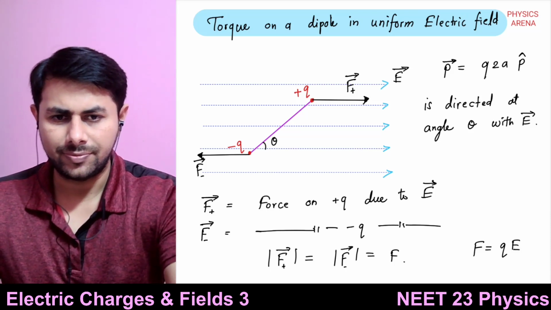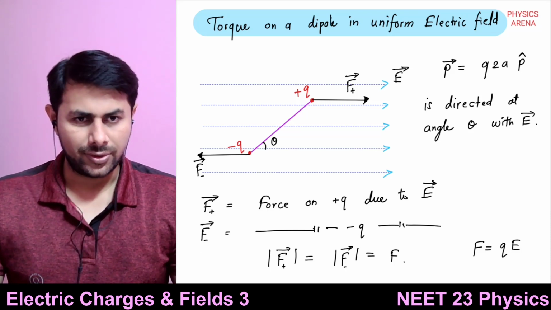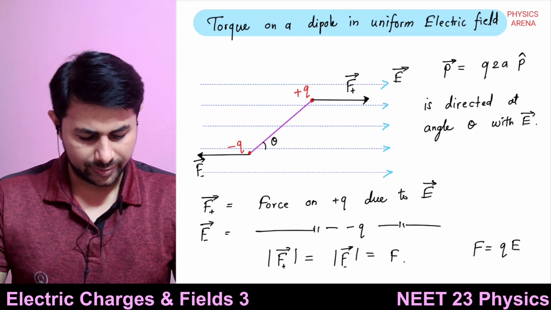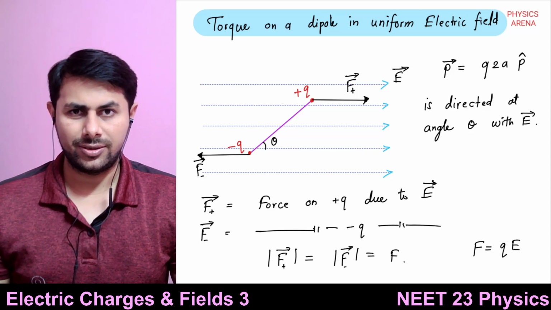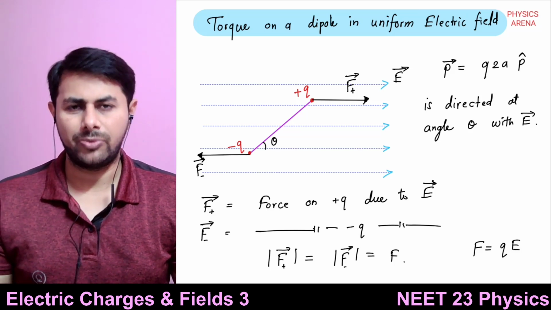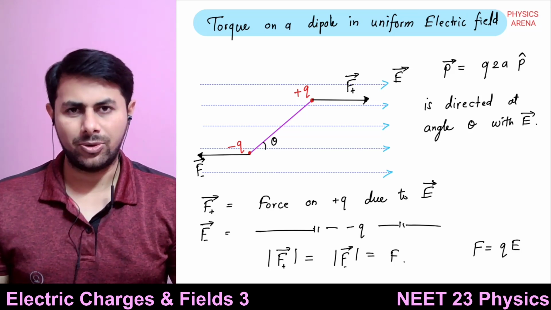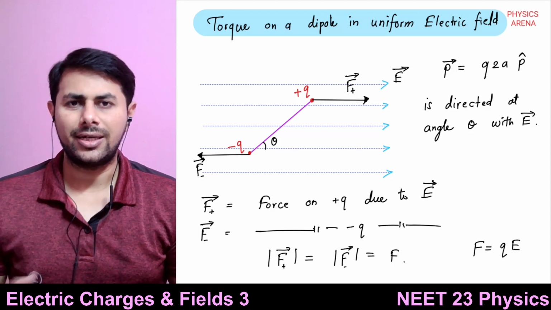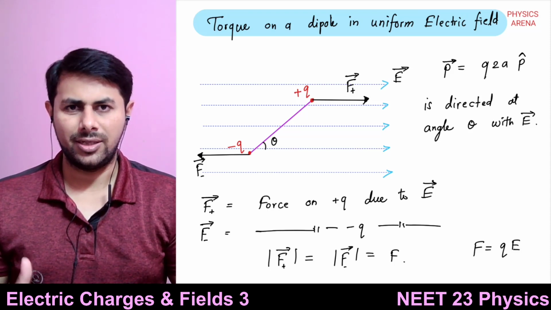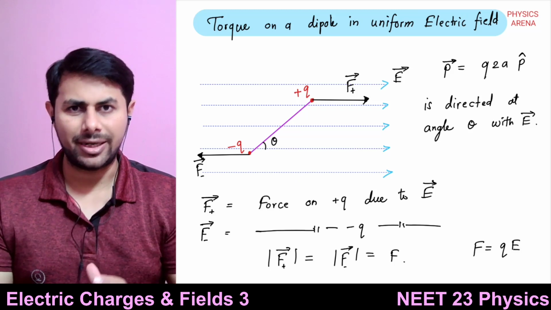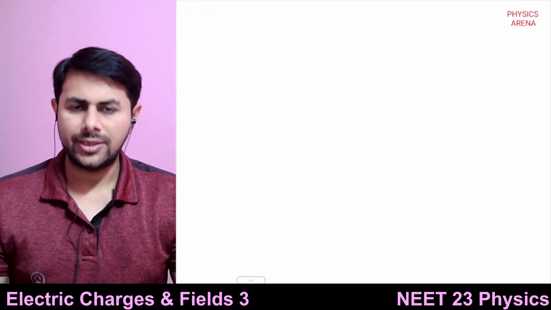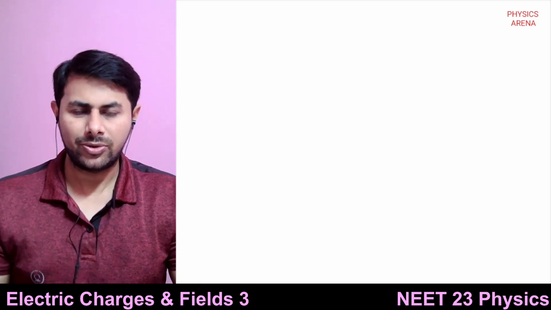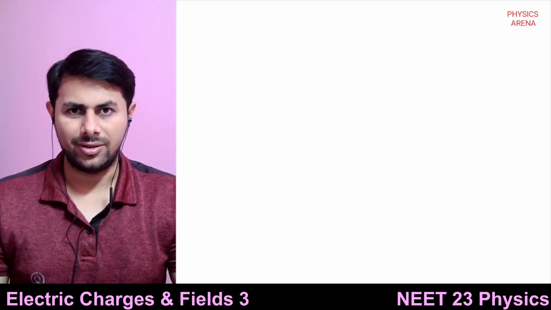Clear till this point? Then see, now we have two equal and opposite forces acting on this dipole. We know that equal and opposite forces, if they act on some body, rotate that body, they exert a torque. A system of two equal and opposite forces is known as a couple.